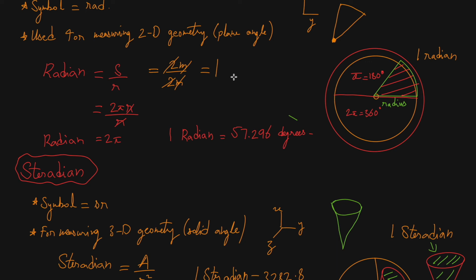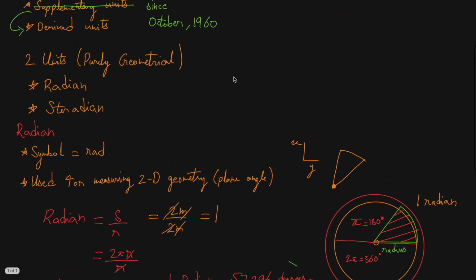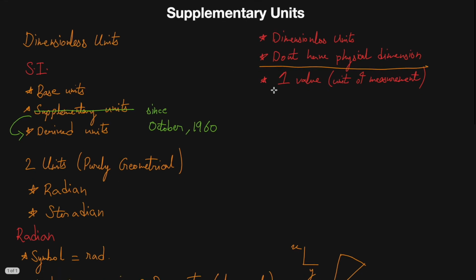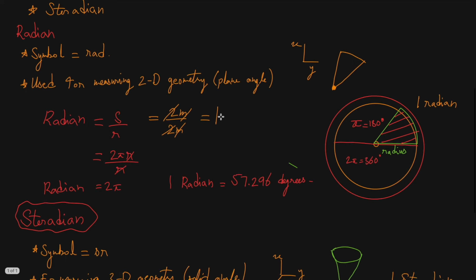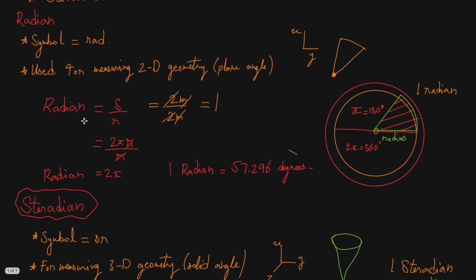It's just like taking a ratio of something with the same thing. So it also clears out the last point here: it has a value of 1. Radian and steradian basically say from the very start that the arc length should be equal to the radius, and the surface area of the sphere should be equal to the radius squared.